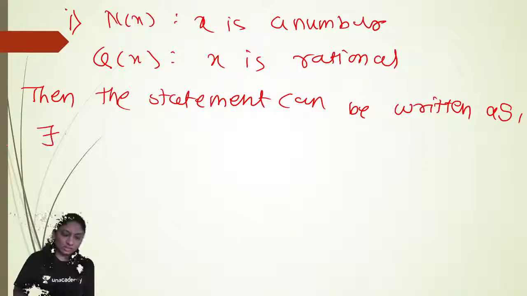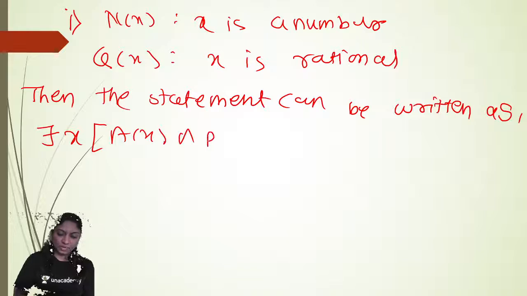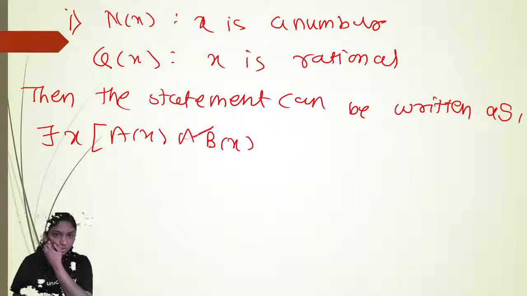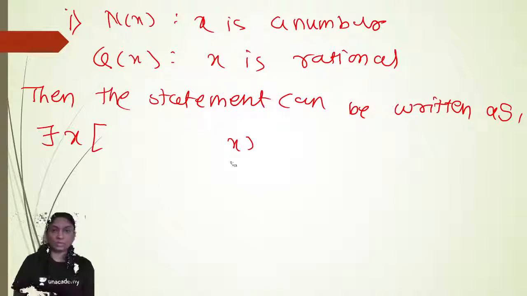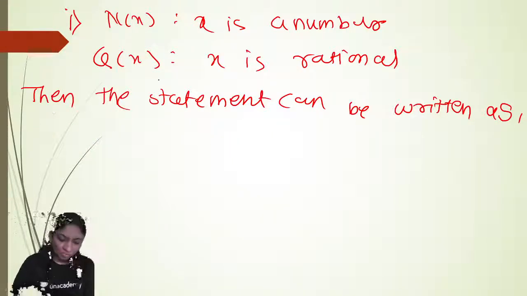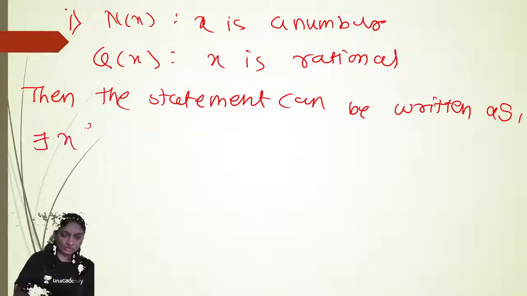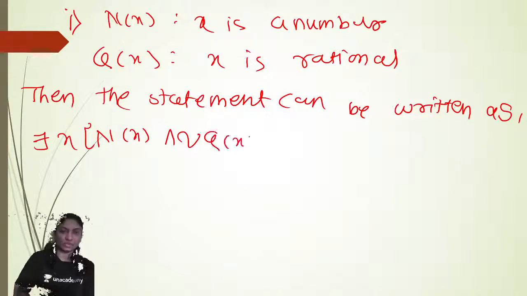Then the statement can be written as there exists x, N of x and negation of Q of x. Not rational.